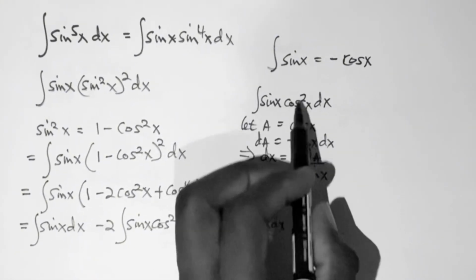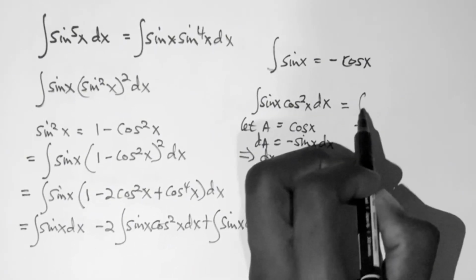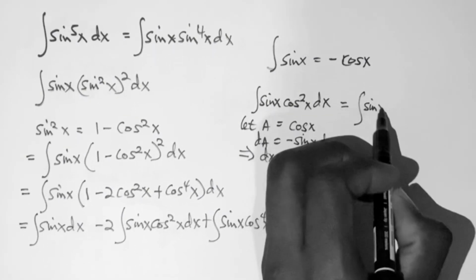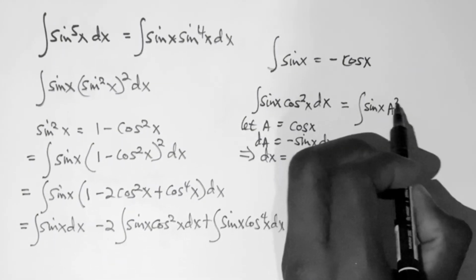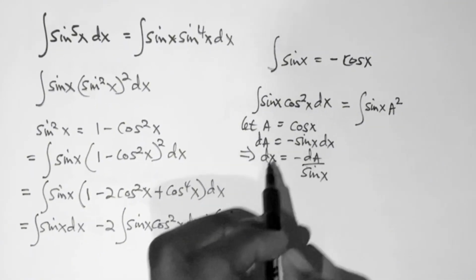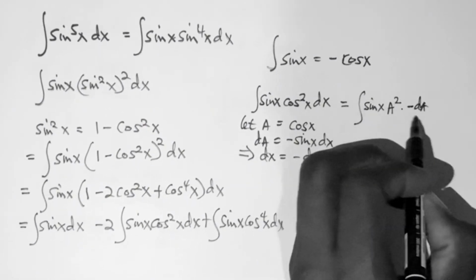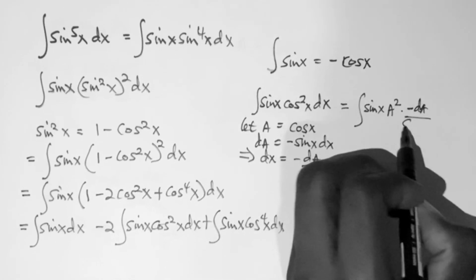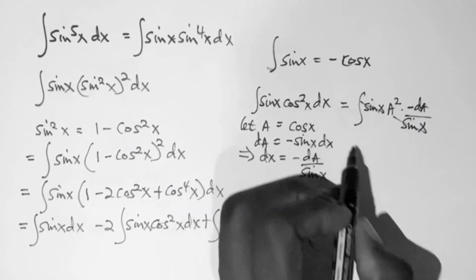So this integral becomes the integral of sine x, then cos squared x is a squared, and then dx, which is times minus dA over sine x. So this sine x and sine x will cancel out.